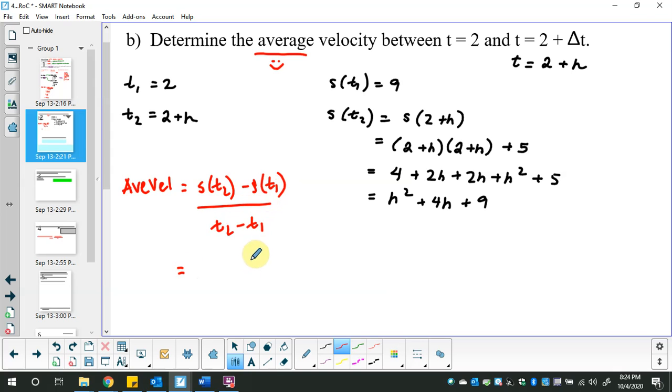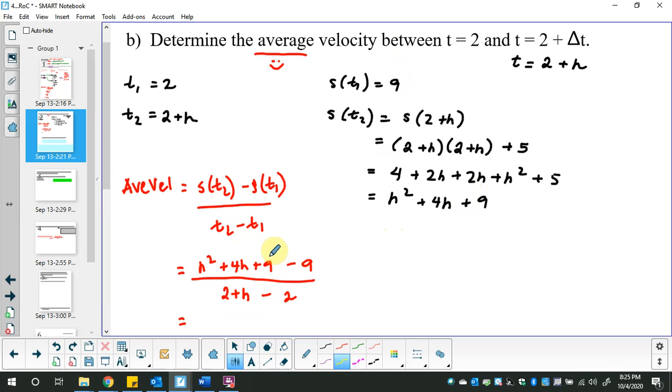And find your values. So h squared plus 4h plus 9 is the s at t2, minus 9 is the s at t1, over 2 plus h minus 2, t2 minus t1.